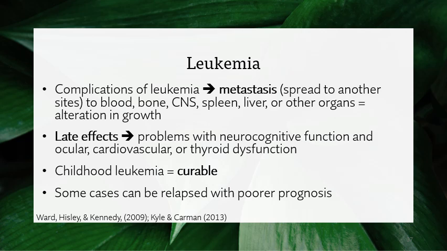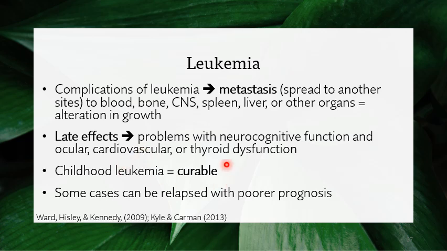How do we see the complications? Leukemia is complicated because it can metastasize to other organ systems like the blood, the bone, the CNS, the spleen, the liver, and other organs, and it will also alter growth and development in children. The late effects include neurocognitive, ocular, cardiovascular, and thyroid dysfunction.